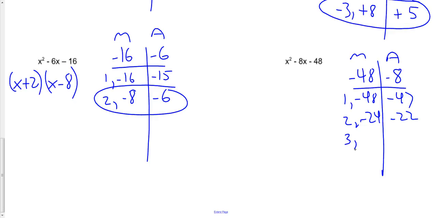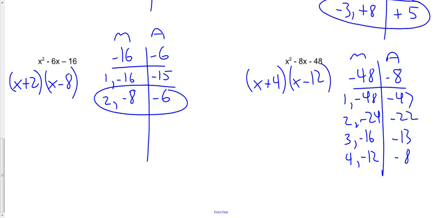Is 48 divisible by 3, so 48 divided by 3. Hey, that gives me 16. So if I add those two things together, it gives me negative 13. 4 and negative 12, that gives me negative 8. Okay, so again, x plus 4, x minus 12.